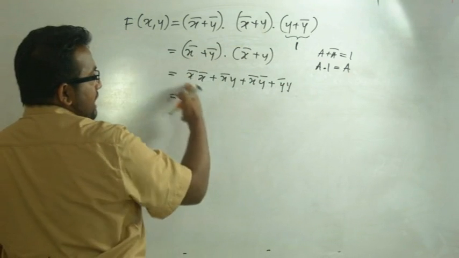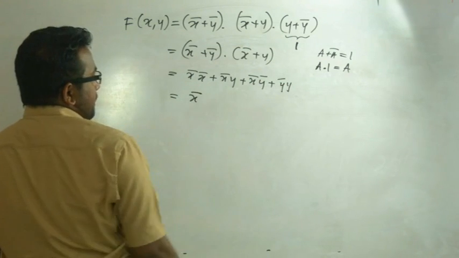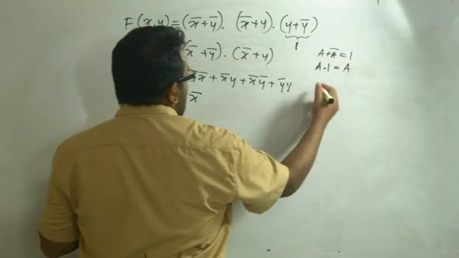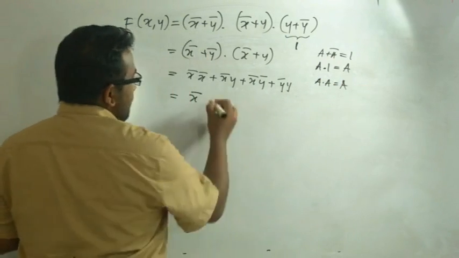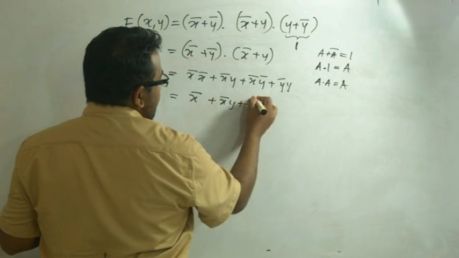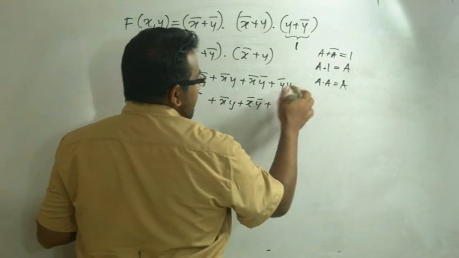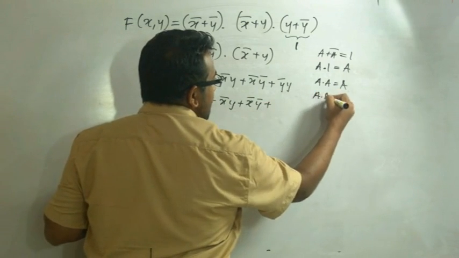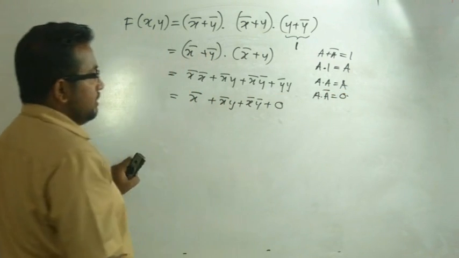And you can see there is no point of having 2 x bars, it is x bar, because there is another law A into A equals A, and here x bar y, and here x bar y bar, and this is A into A bar equals 0. So this is 0.